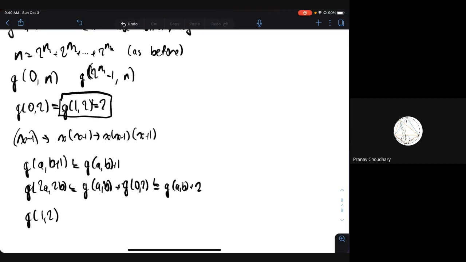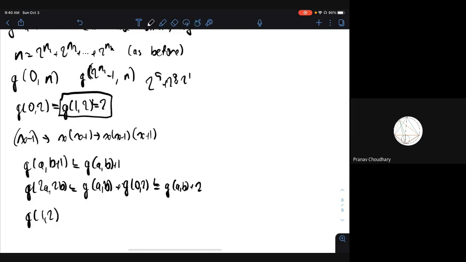What I mean is, if we want to get to 2 to the 5 plus 2 to the 3 plus 2 to the 1, you go, okay, my bad. You start with 1, you double twice to get to 2 squared. Then you add 1. Then you double again.